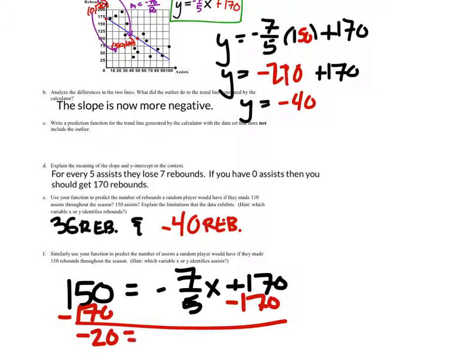That's okay right now because we have this negative 7/5 x. So by dividing both sides by negative 7/5, we get 100/7, which is x.